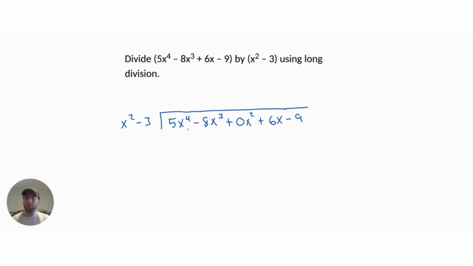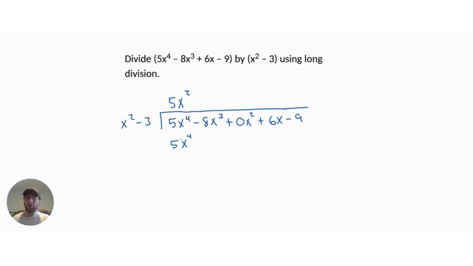Alright, so to get started, what we want to do is look at the leading terms in each of these polynomials, and ask ourselves, what do we need to multiply x squared by to get 5x to the fourth? We're going to need to multiply x squared by 5x squared, and that'll give us 5x to the fourth. And what I'm doing now is multiplying this 5x squared back into our divisor, the x squared minus 3, and writing that below.